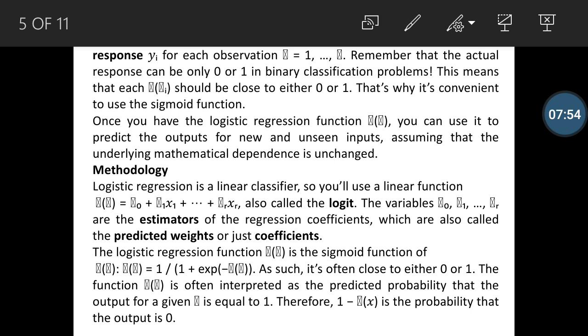As such, it's often close to either 0 or 1. The function p(x) is often interpreted as the predicted probability that the output for a given x is equal to 1. Therefore, 1 minus p(x) is the probability that the output is 0.